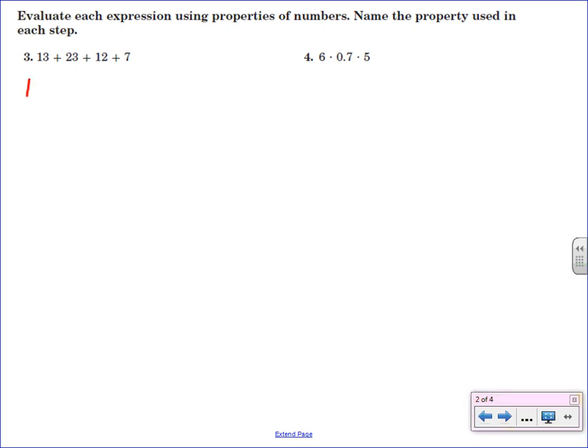So I have 13 plus 7 plus 23 plus 12. So I'm looking for things that add up to nice, easy to work with numbers, which are typically 5s and 10s. And the commutative property is the one that allows me to rearrange things when I'm either adding or multiplying.